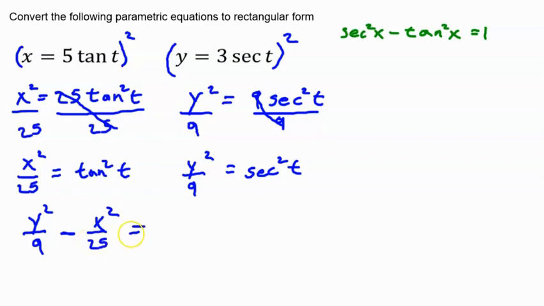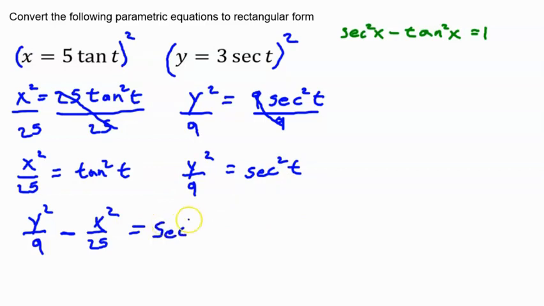So what happens in our equation again when we subtract secant squared minus tangent squared? Basically we know we have to do that because that's what we're subtracting. We're subtracting our secant squared part of our equation minus the tangent squared.